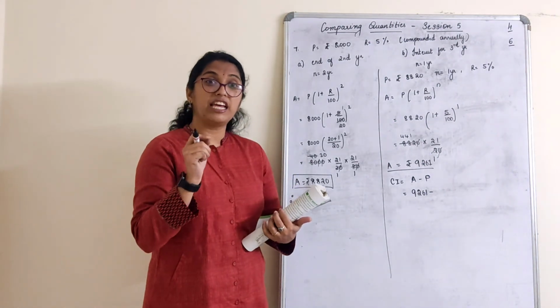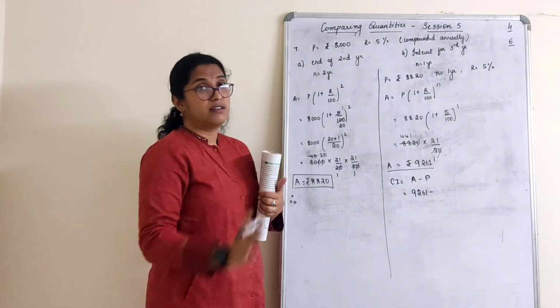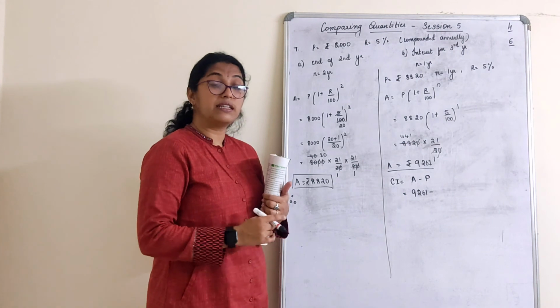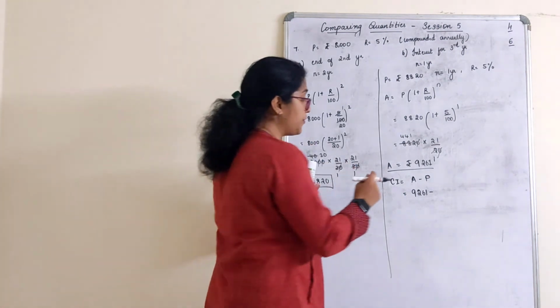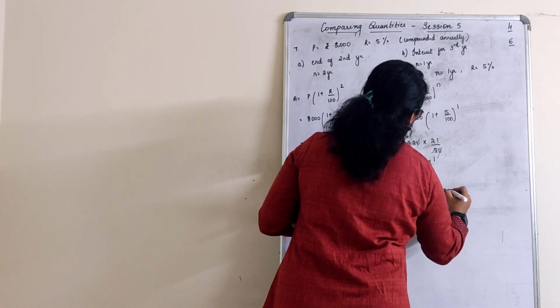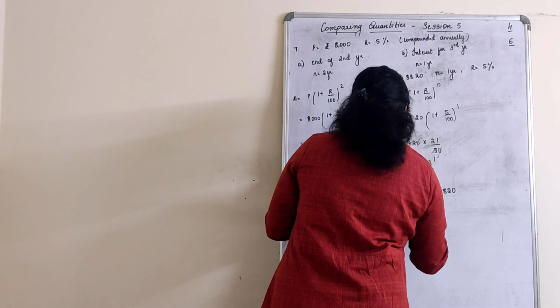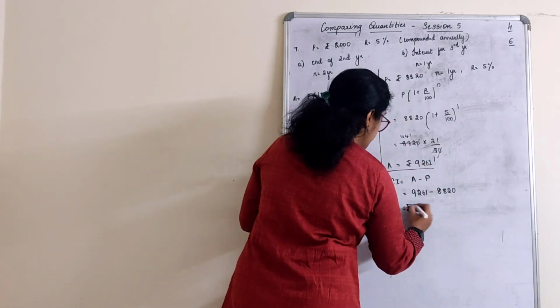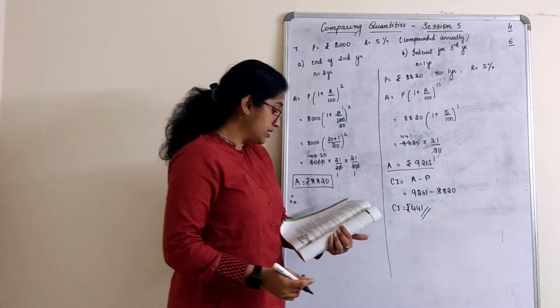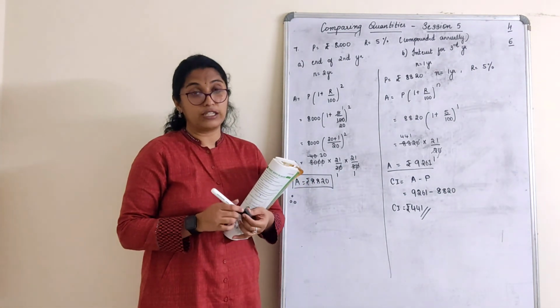If they had only said calculate the compound interest, it would be minus 8,000. But here they have given interest for the third year specifically. So third year's principal is how much? 8,820. So compound interest is 441. Therefore, interest at the end of third year is rupees 441.